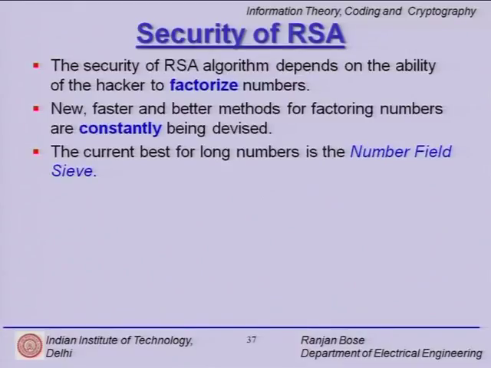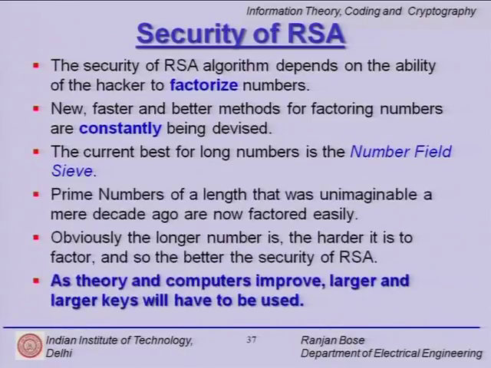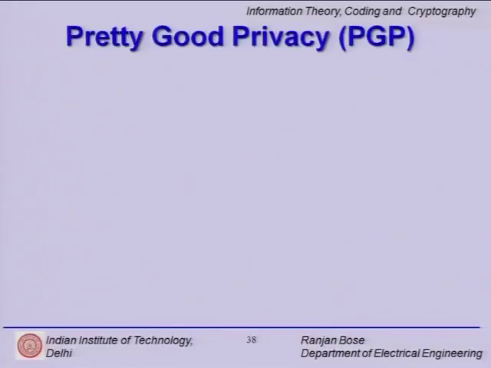The current best is the number field sieve, and of course, on top of that we are getting very fast computers which do this factorization much faster. So, it is just a race. With quantum computing coming in, RSA is under a bigger threat. As the theory and computers become more efficient, larger and larger keys will have to be used.